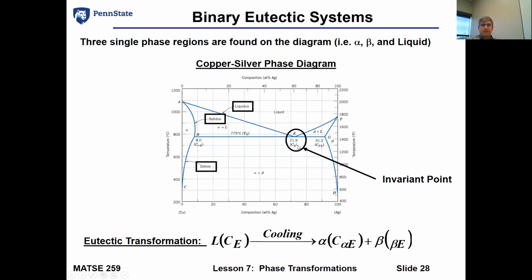So in this case, at about 71.9 weight percent silver in this alloy, and at about 779 degrees C, we have a point where we can go directly from the liquid on cooling to alpha plus beta, or these two solids. And so I always think of a eutectic this way: it's a liquid to two solids at a specific composition and temperature.